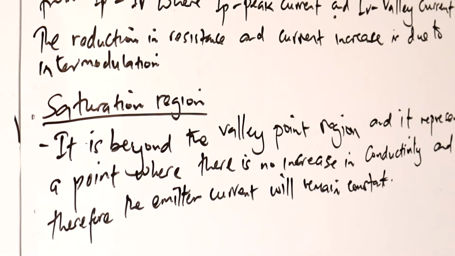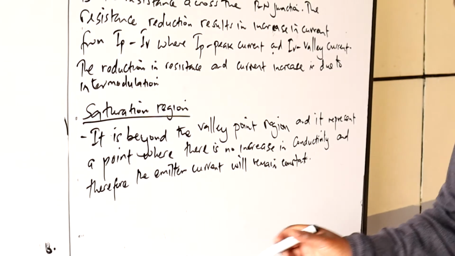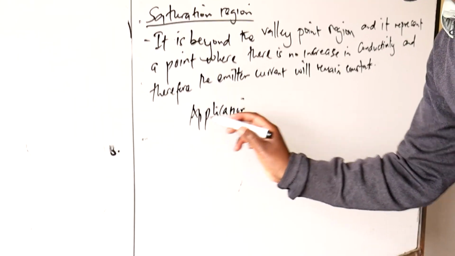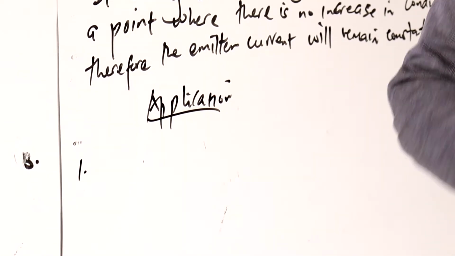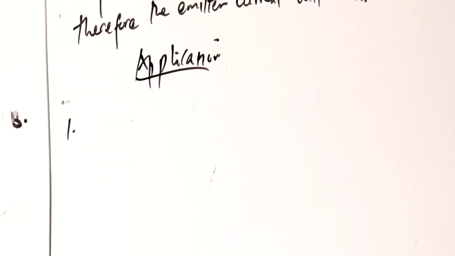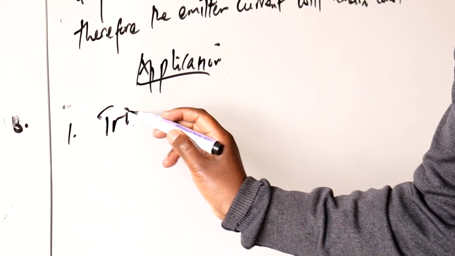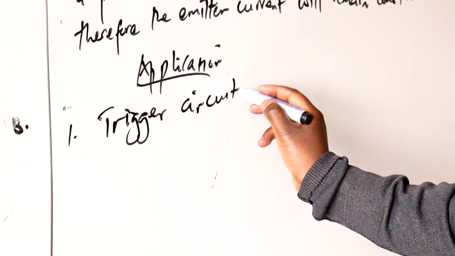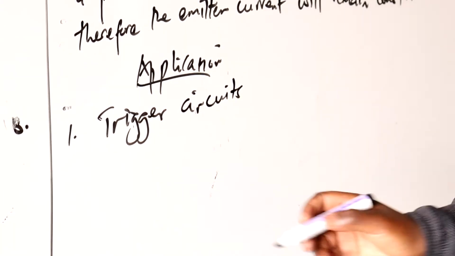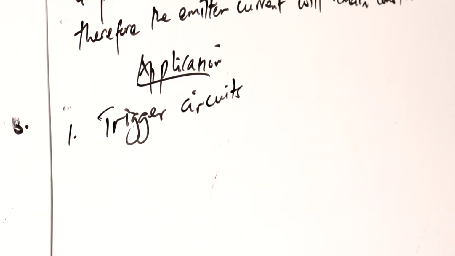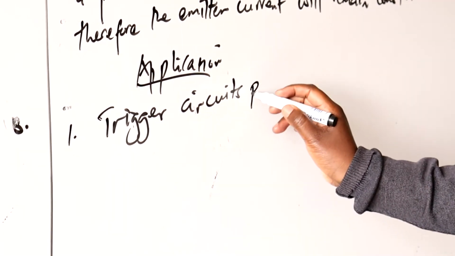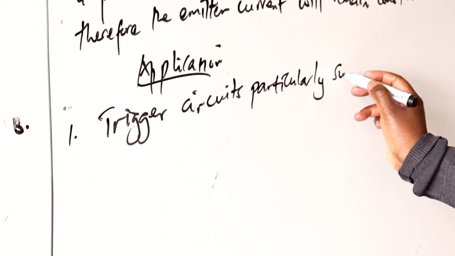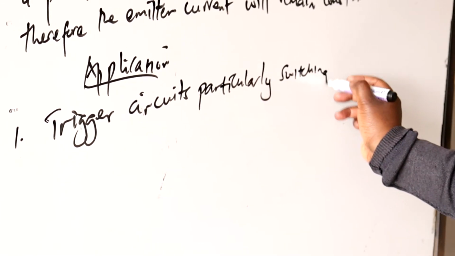So we can have some applications of the UJT. Number one, you can use it in trigger circuits, particularly switching.